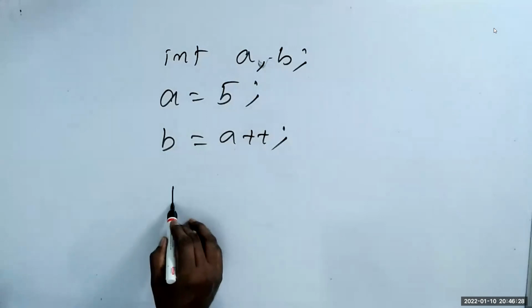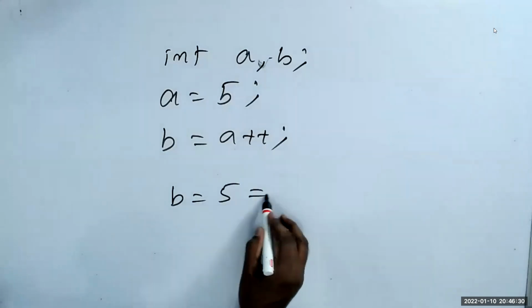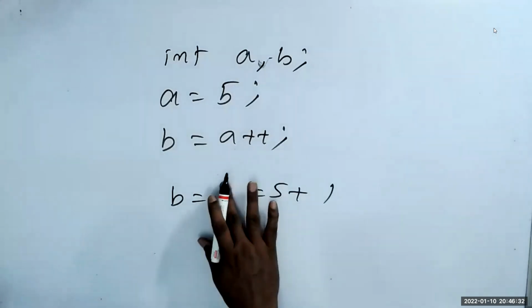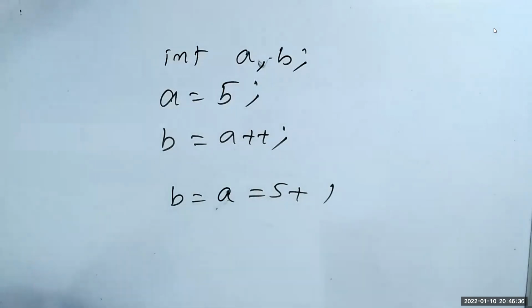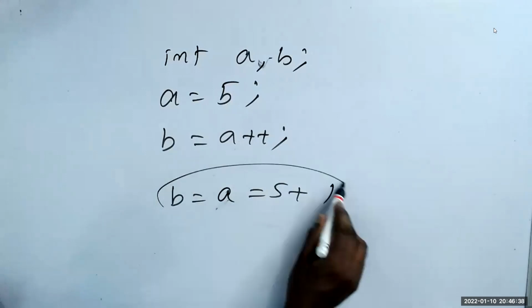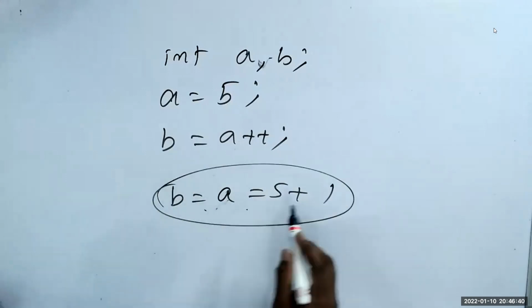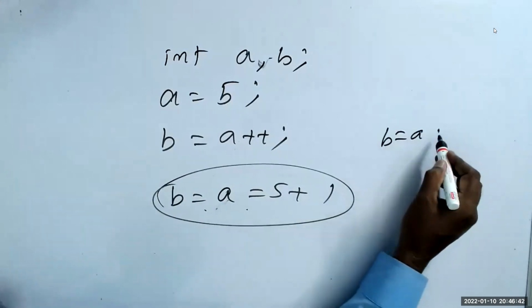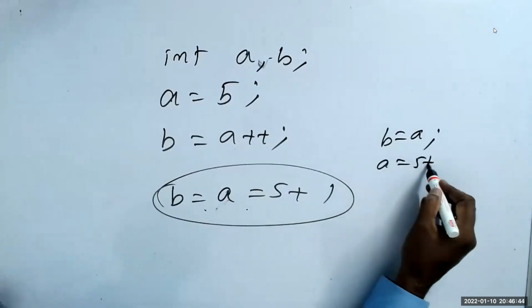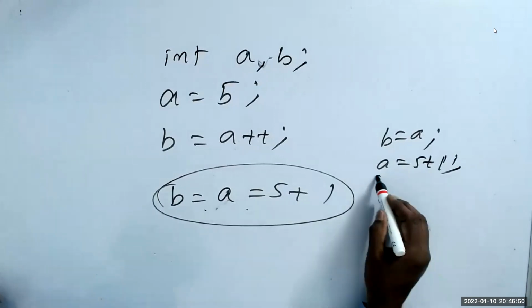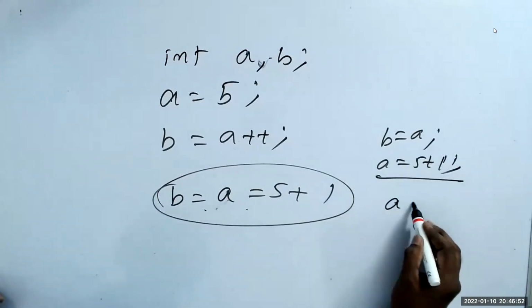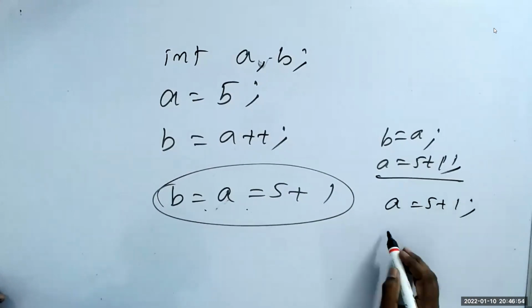They will say B is equal to 5, A is equal to 5 plus 1. Now, will I do this one or not? I can do this as B equal to A, A is equal to 5 plus 1. I can do that. Am I right? Or I can do it the other way: A is equal to 5 plus 1, B equal to A.